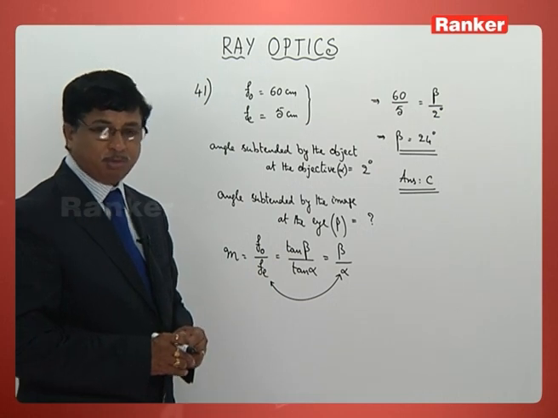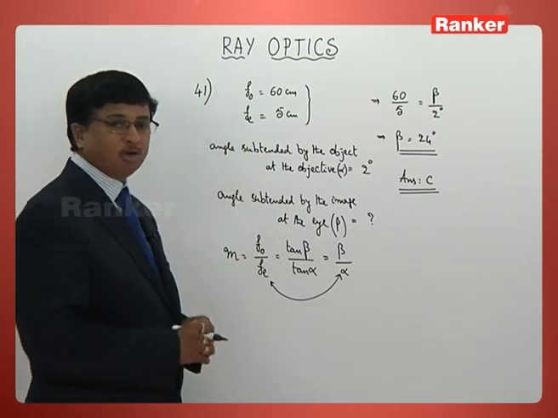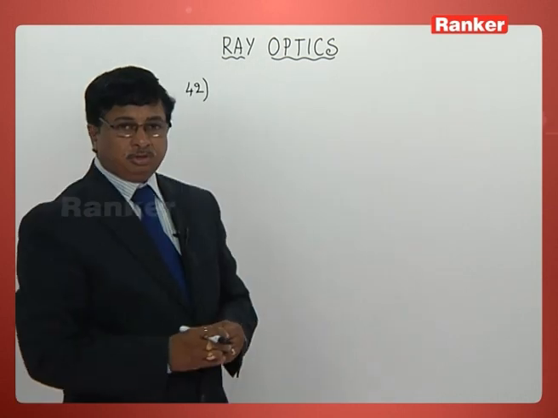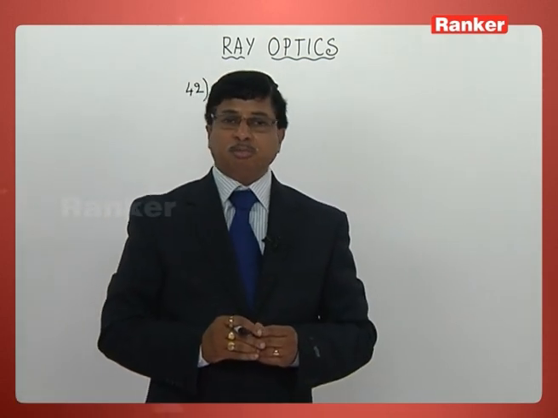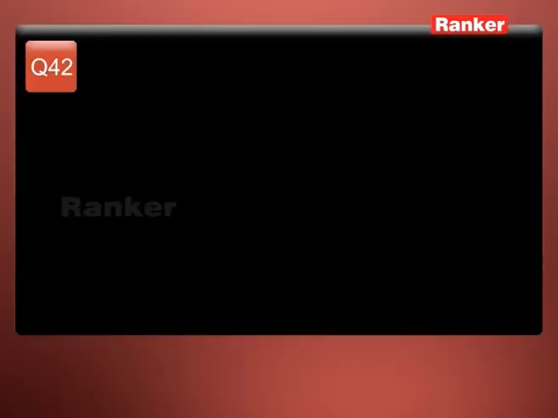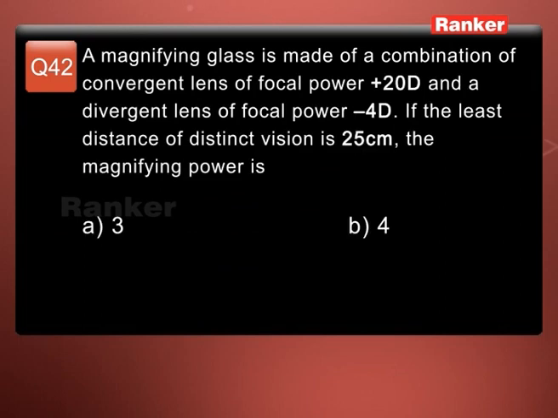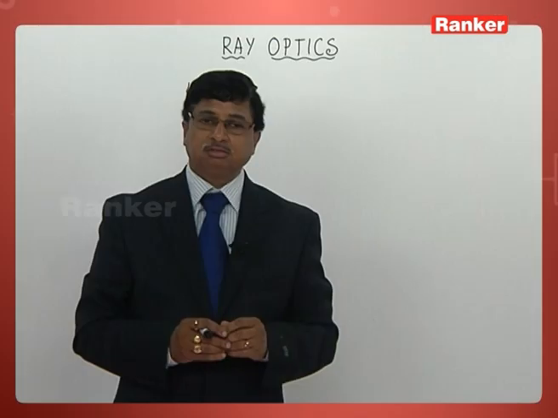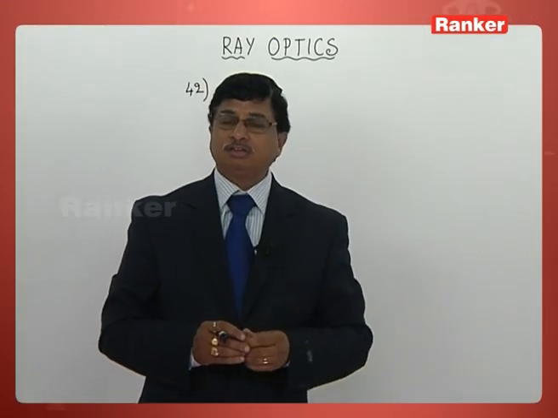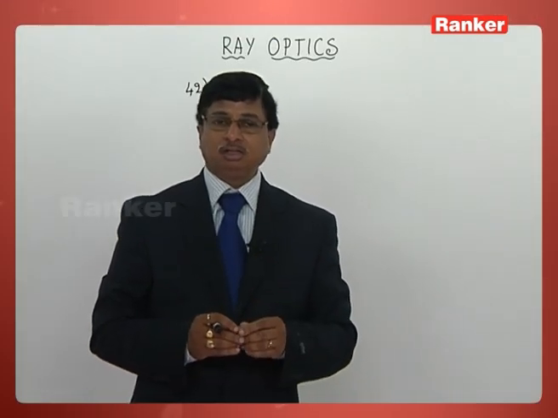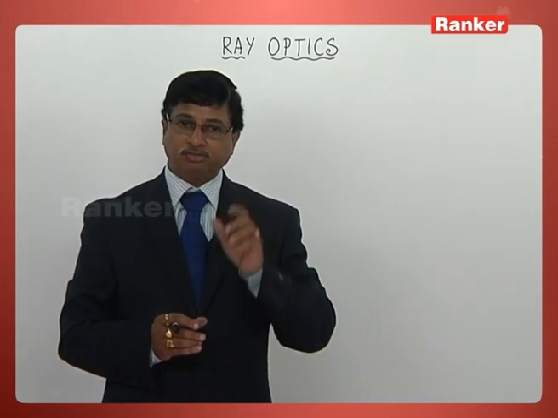So this is problem number 41 that we have here. Look at the next one, problem 42. A magnifying glass. First and foremost, you should understand that a magnifying glass is nothing other than a single convex lens.